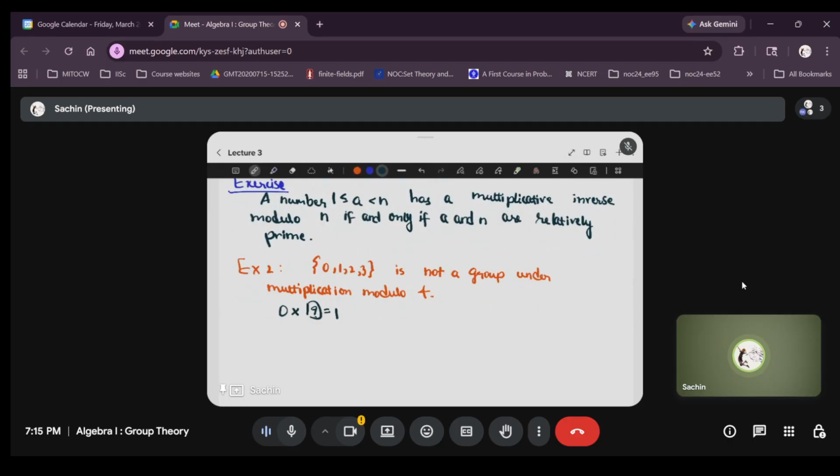And what about if we take away 0, then what? Yeah, so 0 has no inverse. 2 also has no inverse.